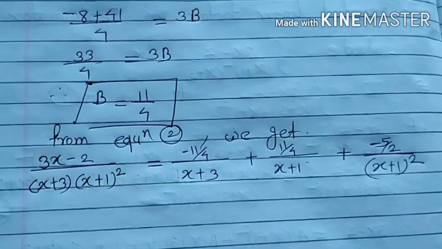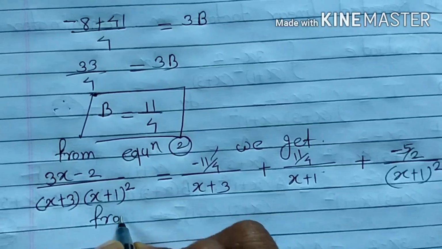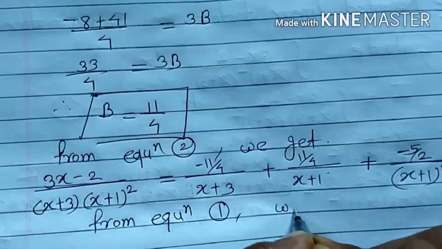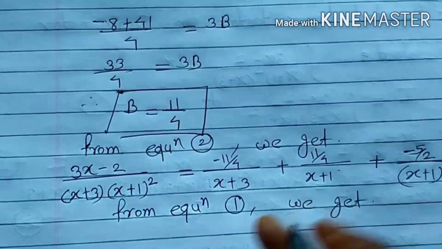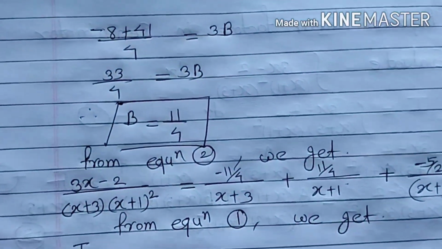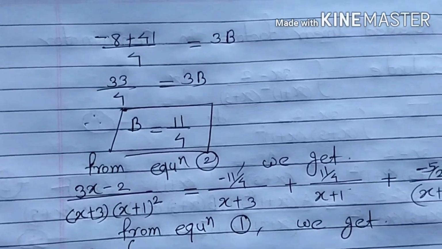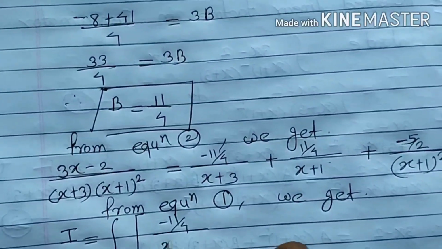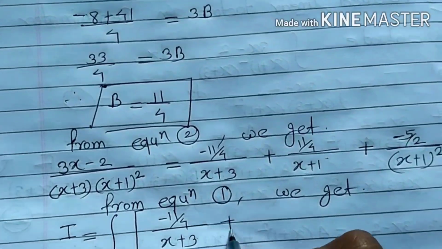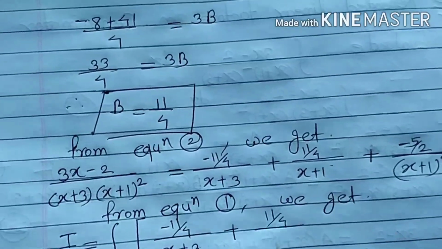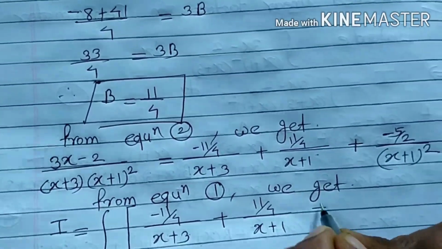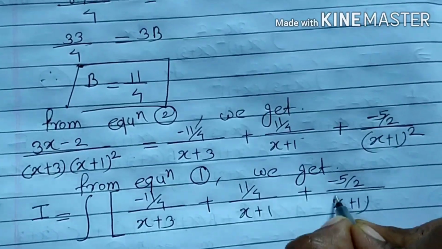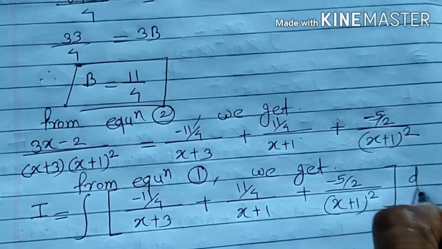Okay. Now from equation first, we get I is equal to integration of minus 11 by 4 upon x plus 3 plus 11 by 4 upon x plus 1 plus minus 5 by 2 upon x plus 1 whole square into dx.